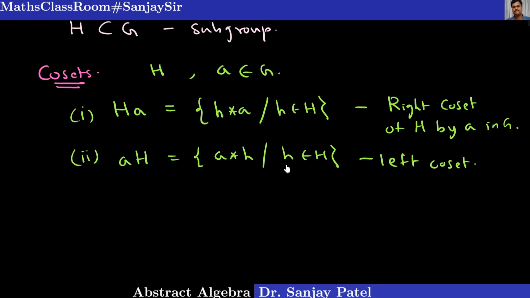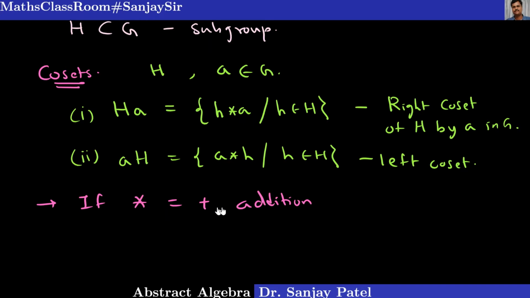So if you take different groups, then this operation are different. And just note that if the operation star is addition operation in any group, not necessarily addition of numbers, it can be addition of matrices or addition of polynomials or whatever.